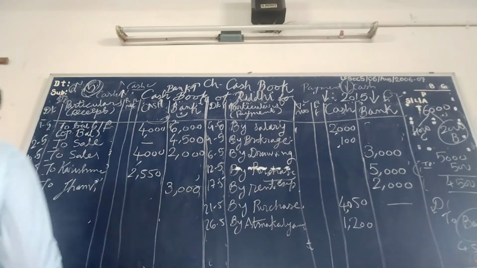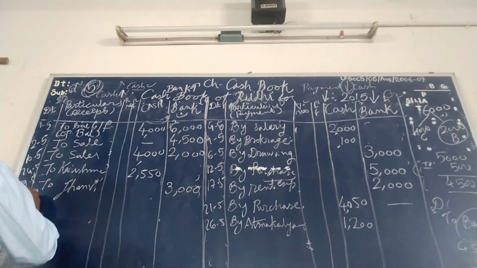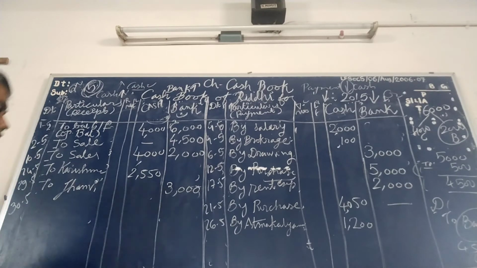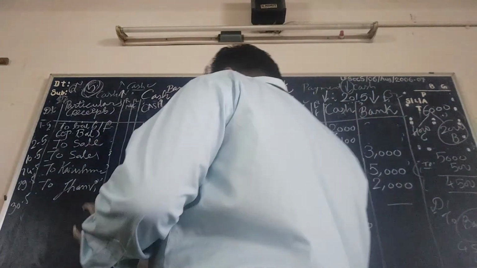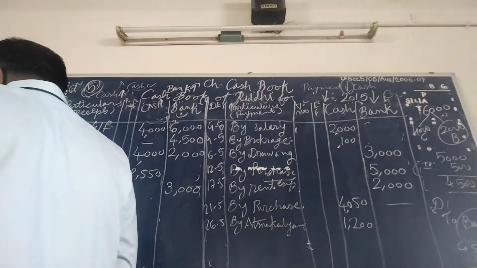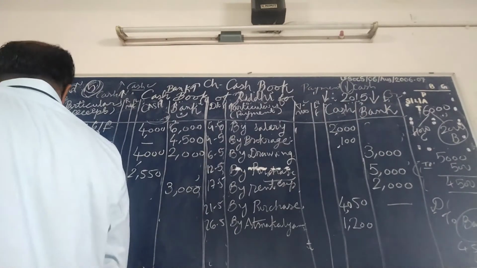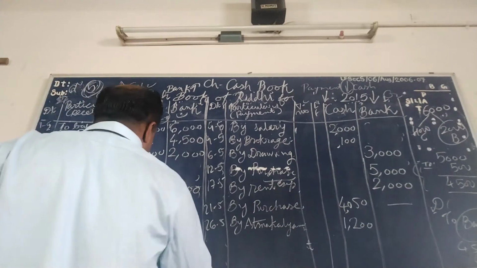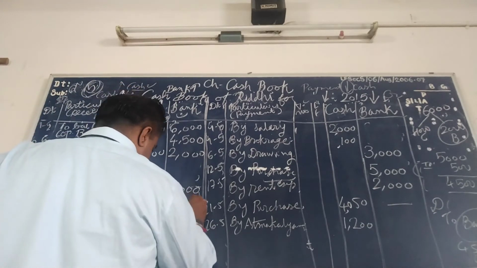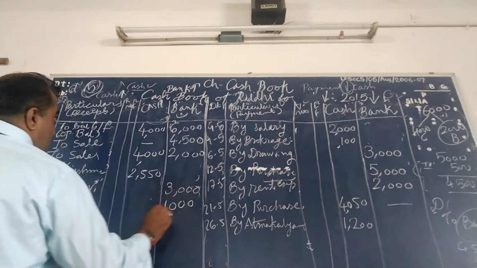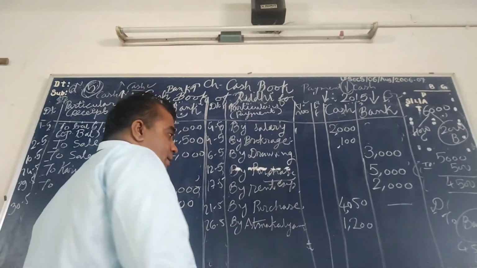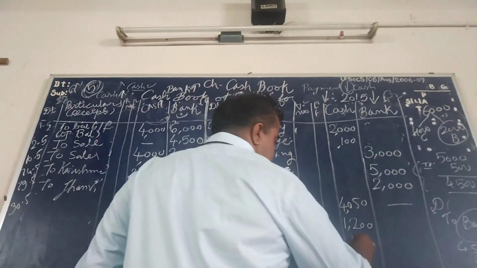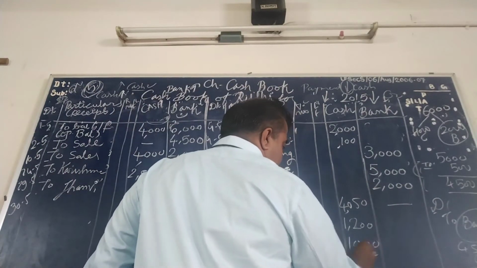So on the 30th May, the bank account will be increased. We deposited in the bank, so the bank account will be increased by 1,000. And simultaneously, as we deposited cash in the bank, cash will be decreased.